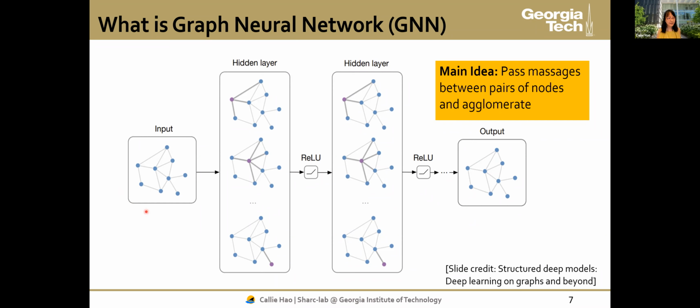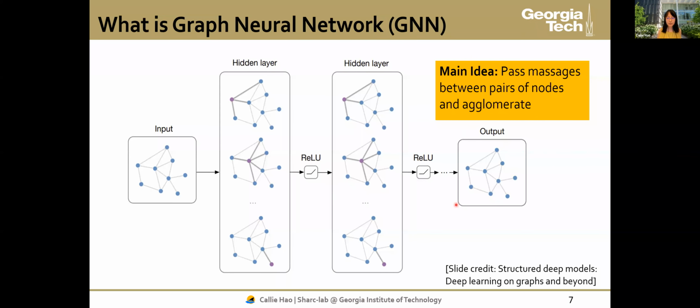For example, here you have an input graph. It's not a grid, but a graph structure, and we do this message passing between node pairs along these edges, and we do the same thing for each node. Then we pass these to an activation layer, and we do this again and again.